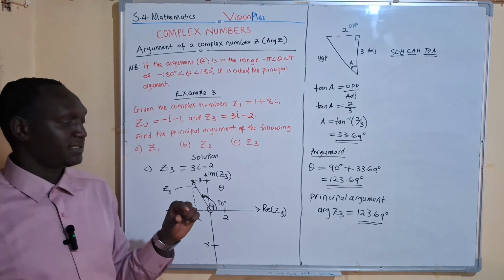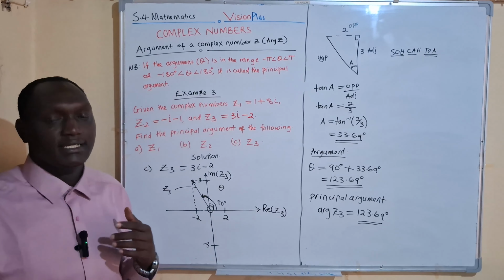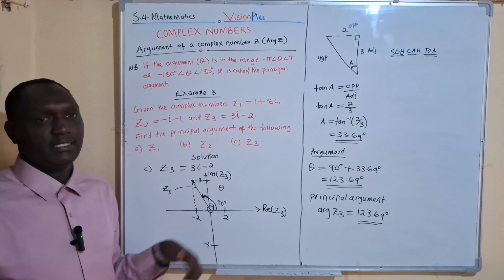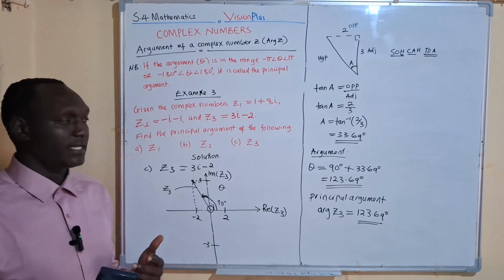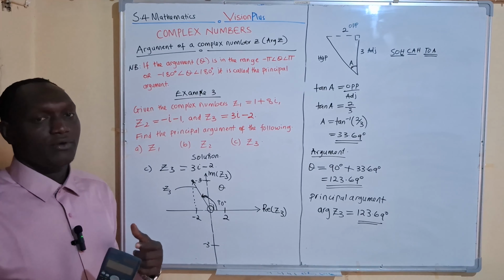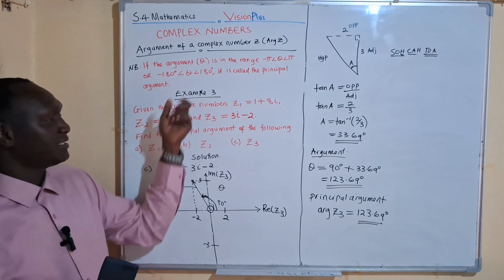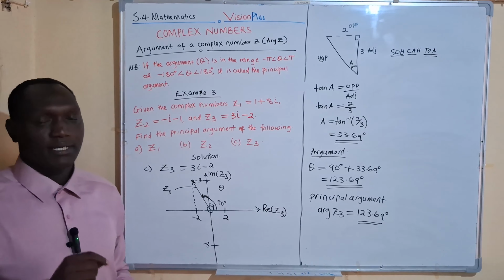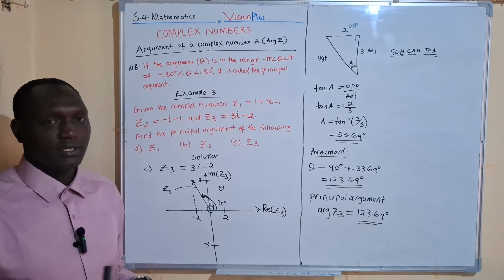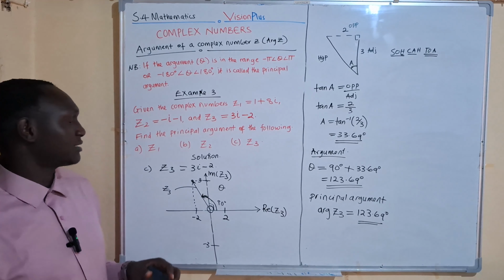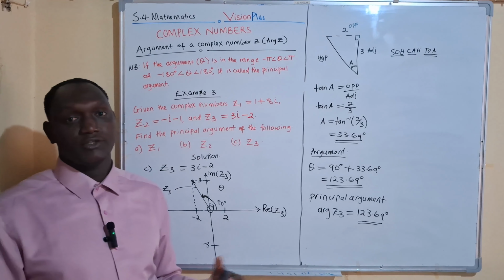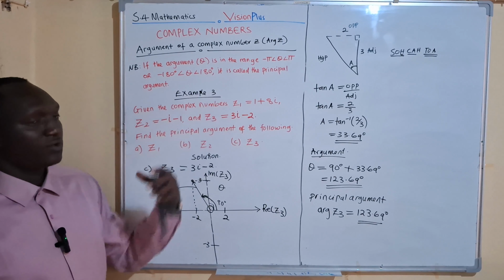But the moment it falls in that range, it is called principal argument. So argument is a bigger name that accommodates both the values that fall in this range and those that fall outside that range. But I'm going to repeat, we cannot punish any student that has been asked to find the principal argument and finds only the argument, even if it is outside that range.